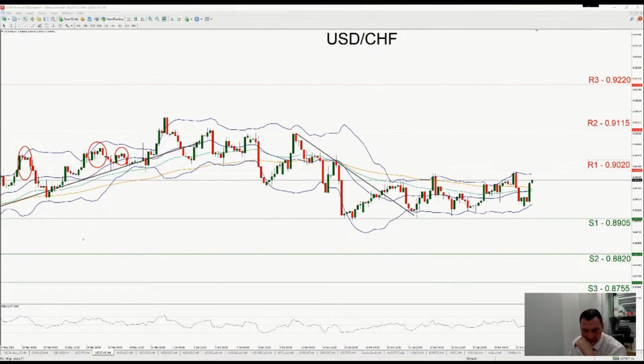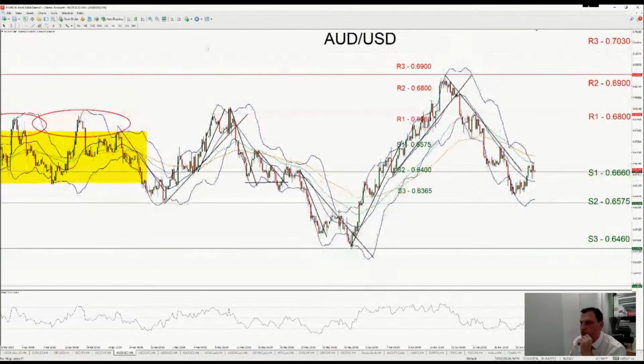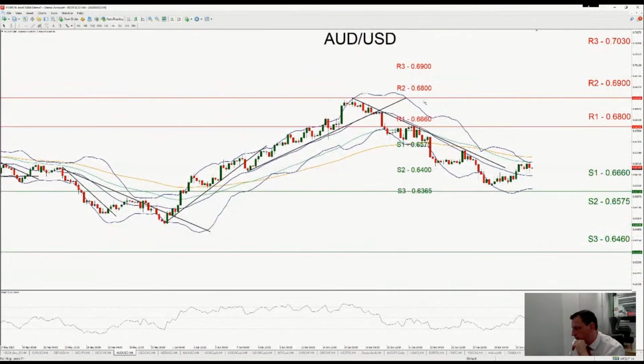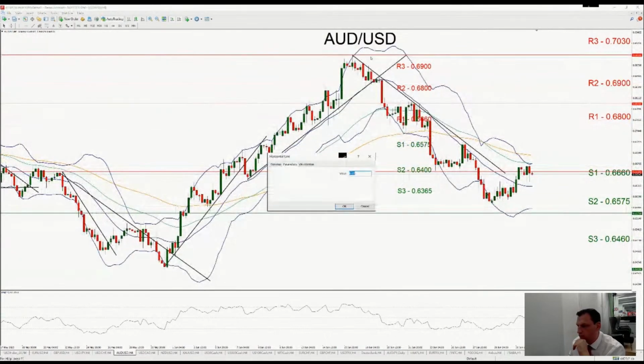Let's have a look at AUD/USD. Zooming in. Okay, let's clear this chart.